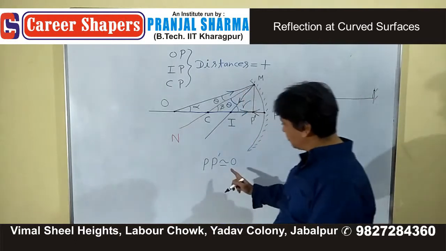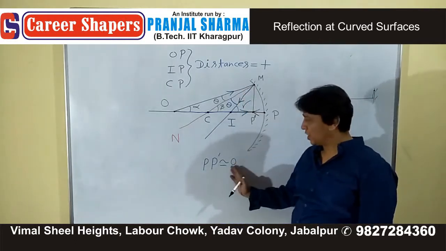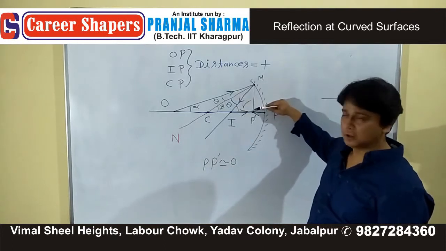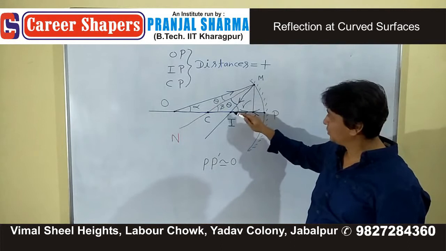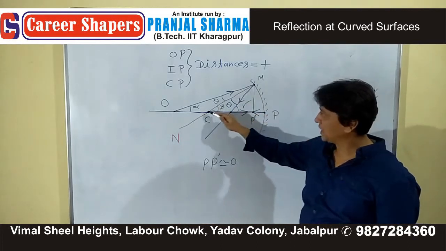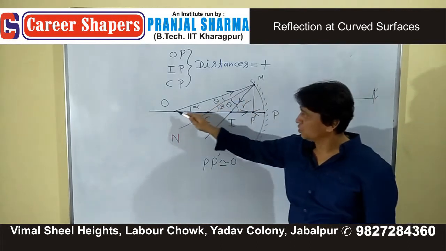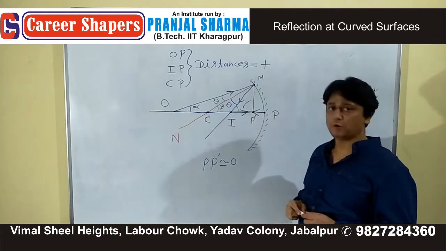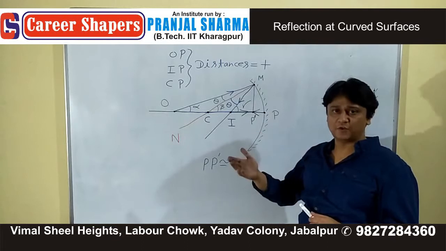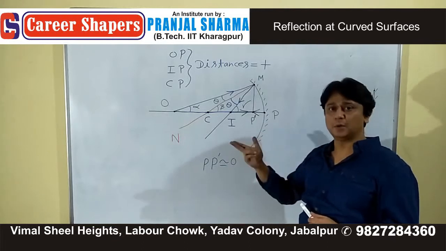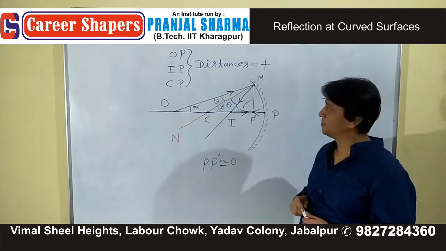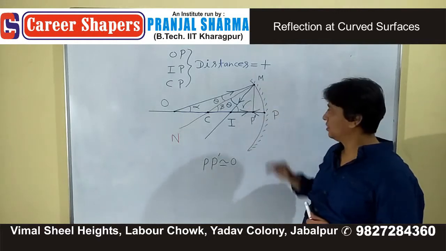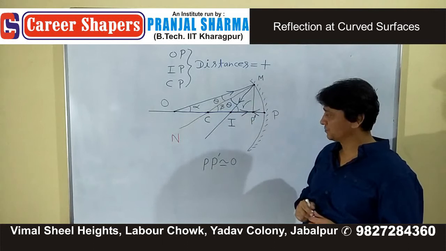That's what I have written here. What is the advantage of it? Once you draw a perpendicular, then you can develop these right angle triangles. And once you develop right angle triangles, you can always use tan alpha, tan beta, tan gamma as perpendicular upon base. That's the reason we drop a perpendicular onto this principal axis.